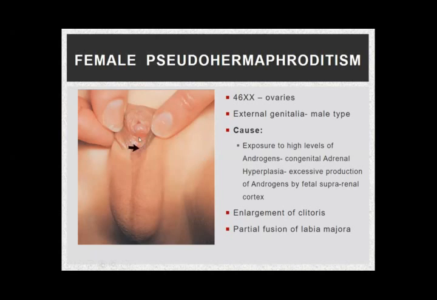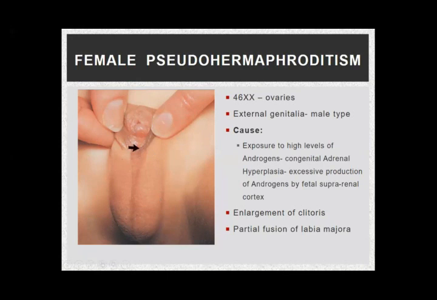Since there are ovaries, there is a clitoris, but there is enlargement of the clitoris and partial fusion of the labia majora, so it resembles the testes. Okay, this is partial fusion of the labia majora, which resembles the testes.